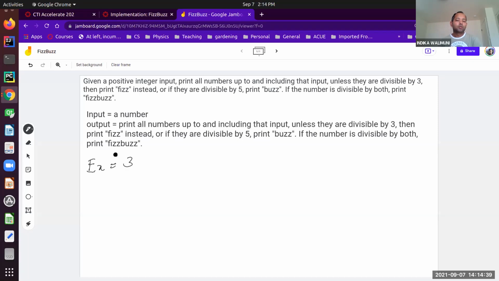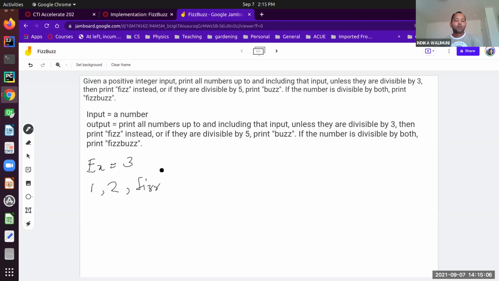So the numbers are 1, 2, and 3. We print first 1 and then we print 2, and then it's 3. So 3, is that divisible by 3? So we print fizz.